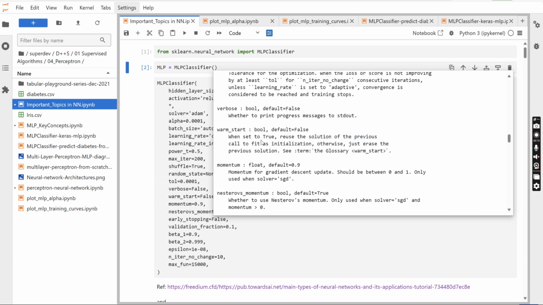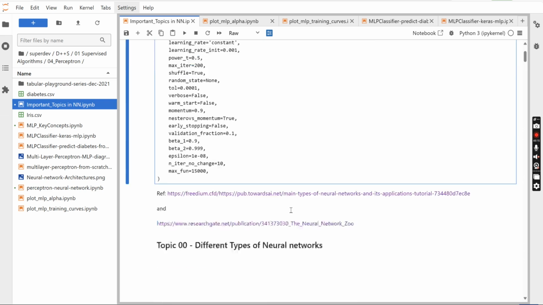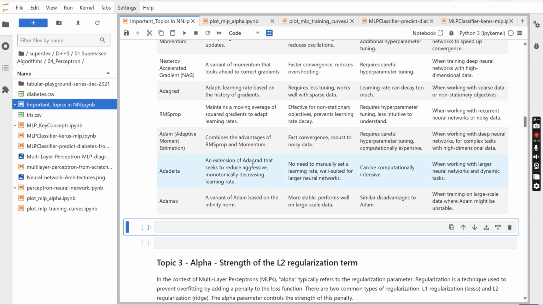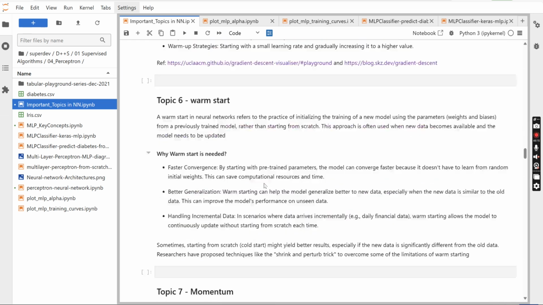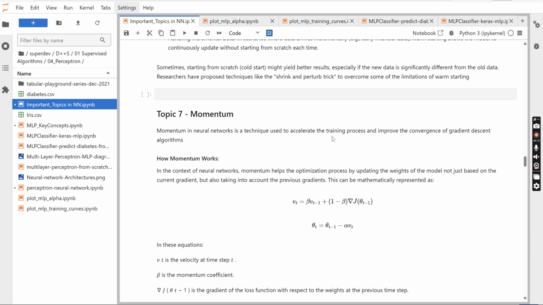If you don't set it to true, all your previous learnings are erased. If you set it to true, some initializations happen, such that those previous weights are retained, they are not erased. So that is where warm start comes into the picture.